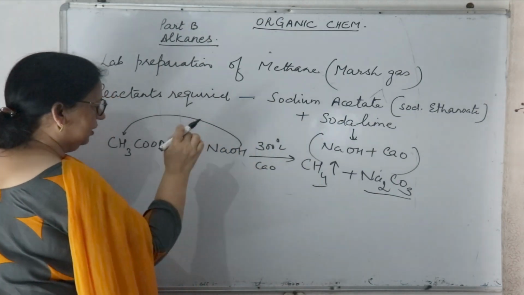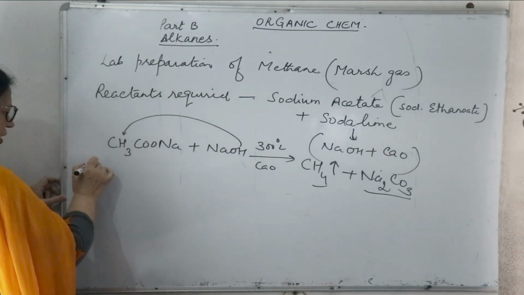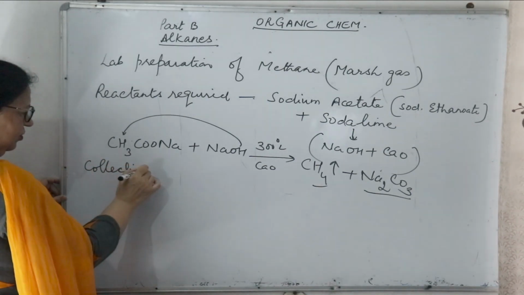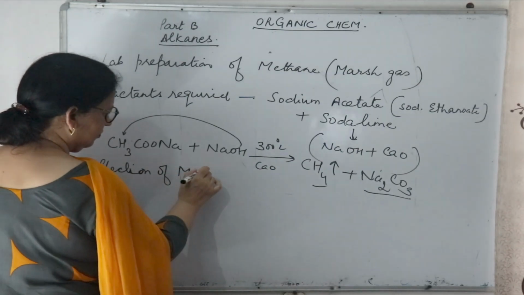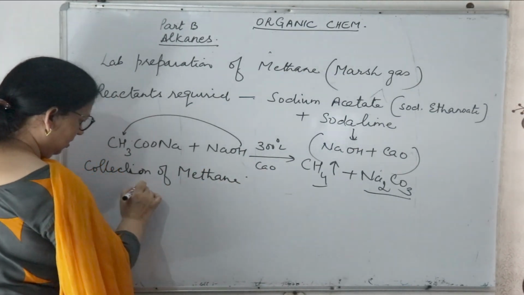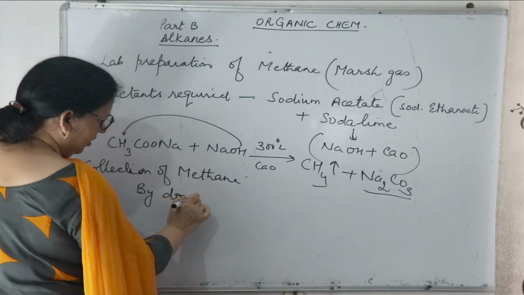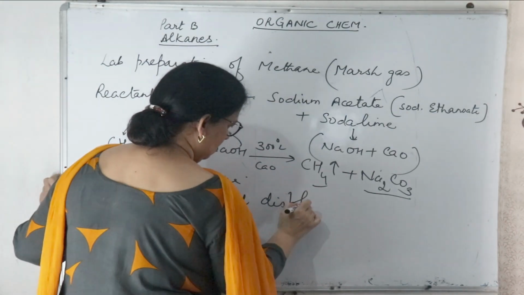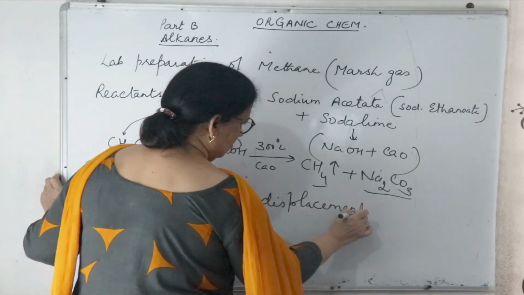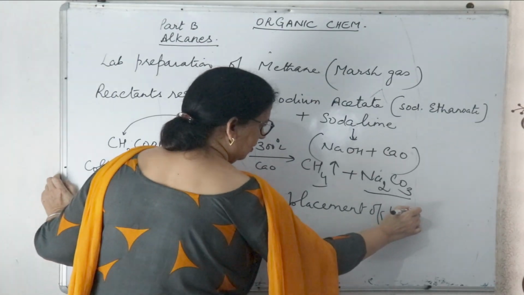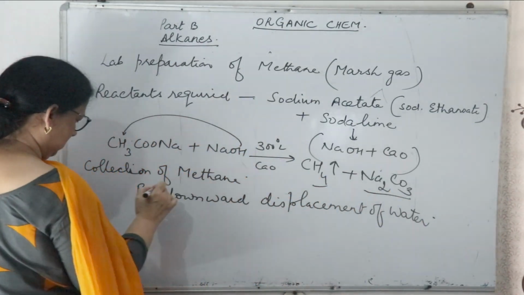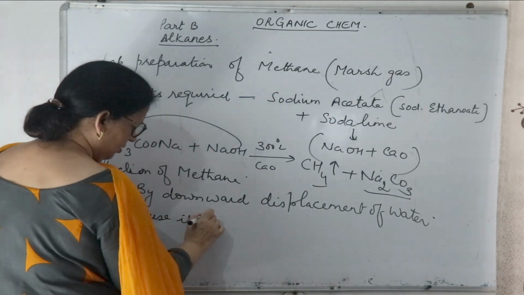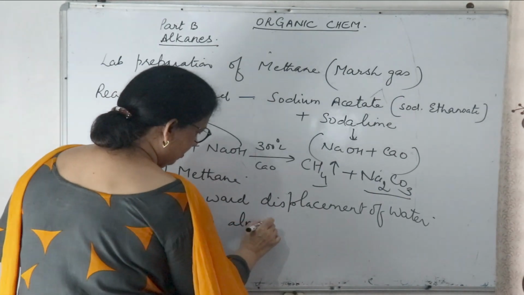So this is the reaction for the lab preparation of methane. Now how is methane collected? Collection of methane is by downward displacement of water, because it is almost insoluble in water.